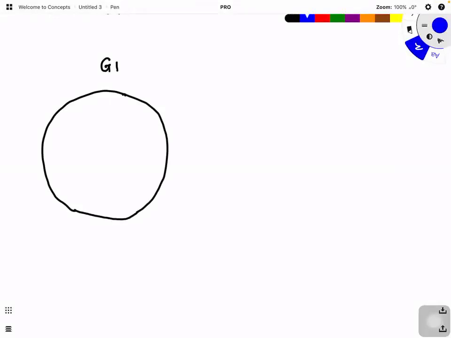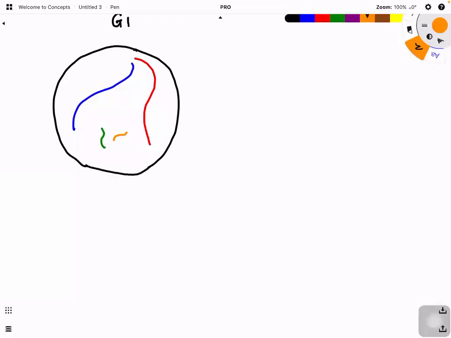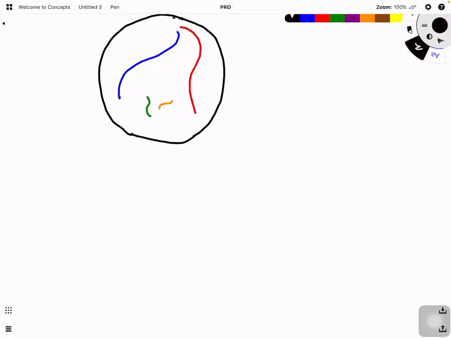So I have the blue one, I have the red, they are a pair. Blue and red, long chromosome, so they are a pair. Green, short one, and orange. So can you see that? One long, one short, one set. Red and orange, one set. Blue, green, one set. So in this case, I will write here number of chromatids equal to 4.